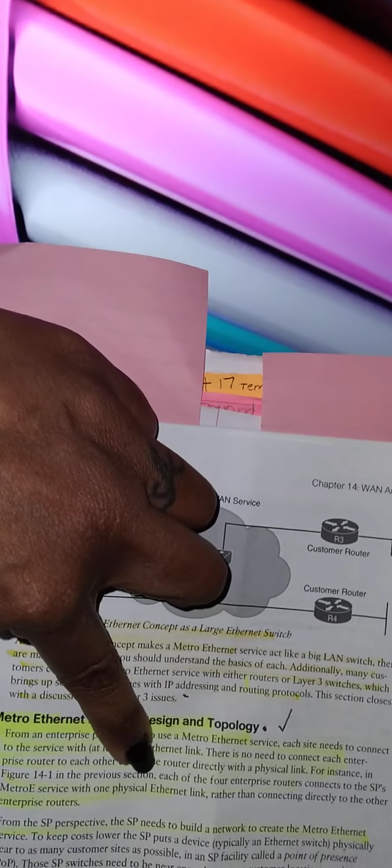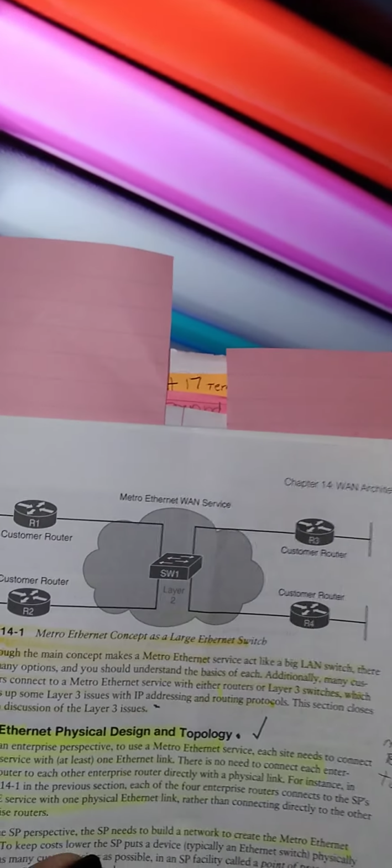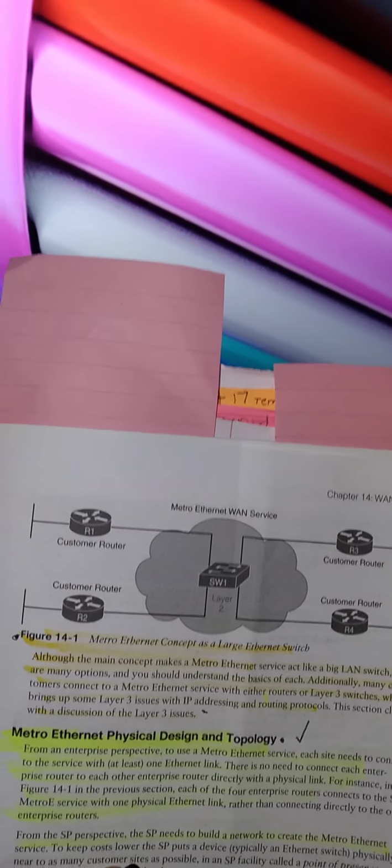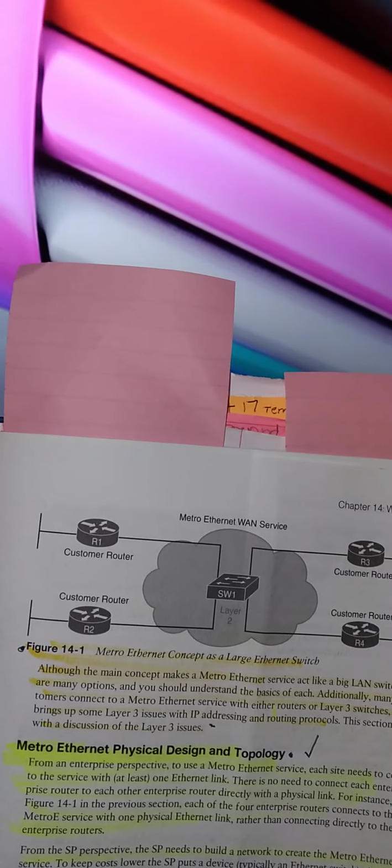For instance, in Figure 14-1, this is 14-1. In the previous section, each of the 4 enterprise routers connects to the service provider's, SP's, MetroE service with one physical Ethernet link, rather than connecting directly to the other enterprise routers.